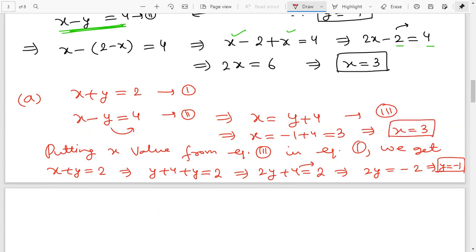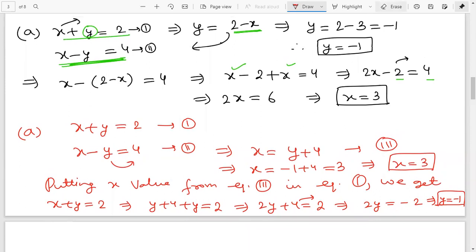So these are the values of x and y, and this is the second way. Suppose you want to write x in terms of y, then we can substitute it in the other equation. Suppose from the first equation we took y, wrote y in terms of x, and put it in the second equation.